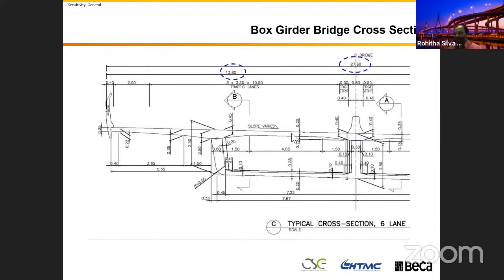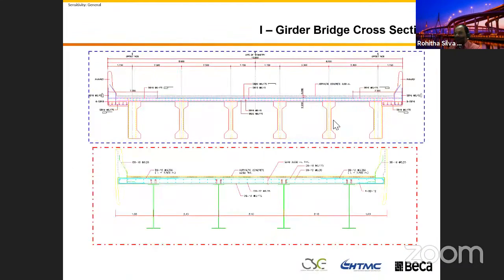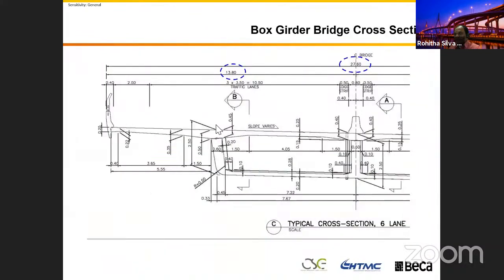Bear with me, because I just want to step back to one of the typical cross sections. In these I girder bridges or steel girder bridges, the cantilever area of the bridge deck is in the order of 1.1 meter to maximum 1.2 meter. Yeah, maximum 1.2 meter. If you go beyond that, the bridge will vibrate. If I go to this cross section, what I'm talking about now, this box girder bridge, the total width of the bridge is 27.6 meters.